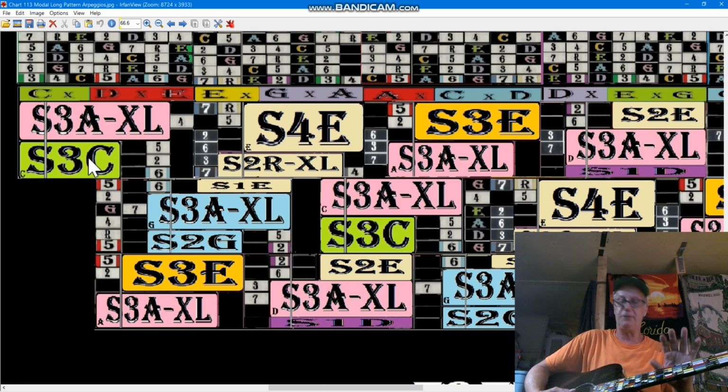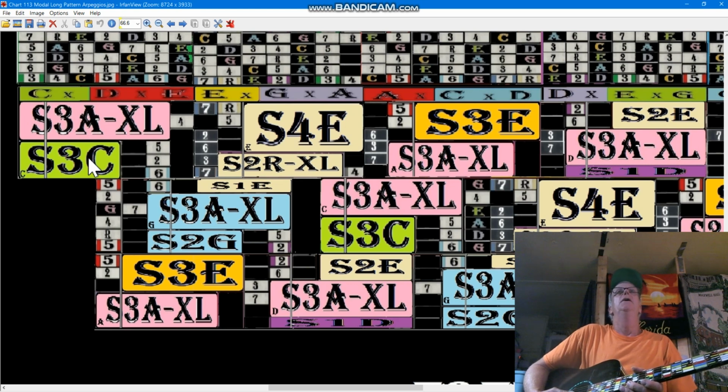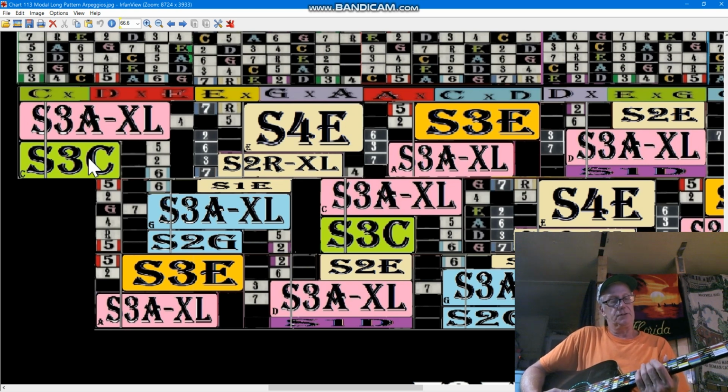Okay, so you can do the pentatonic on a long pattern too. So you can see the two short patterns are scoping out the fretboard for the long patterns.